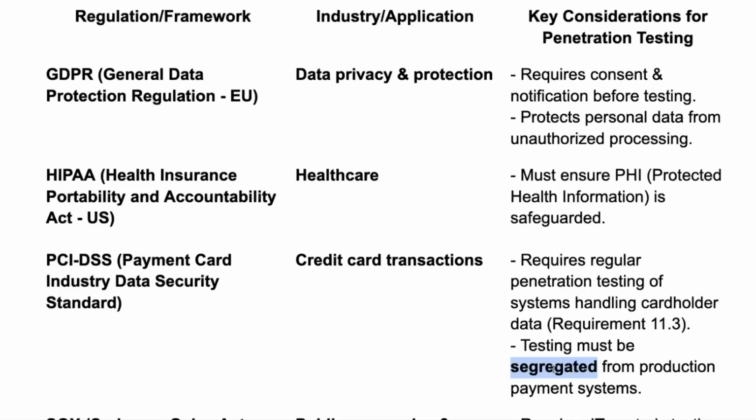So the best way to do this would be to create an exact duplicate of the production environment so you can test it and do whatever you want without having to worry about crashing or ruining anything that's going on inside of the live production environment. So if you collect payment card information, you have to do this and you have to abide by these standards.